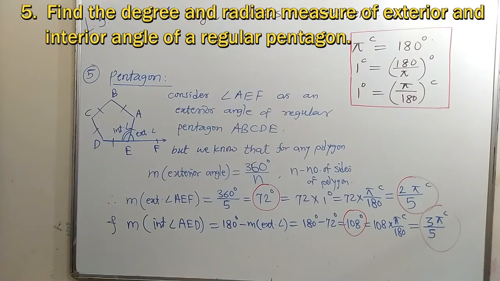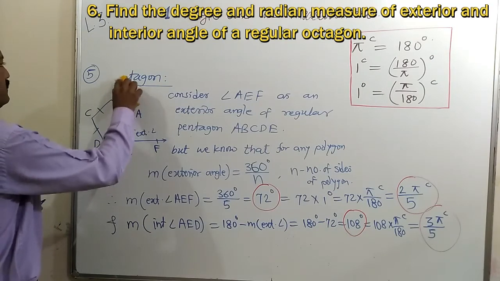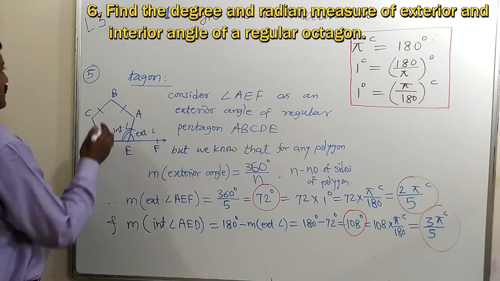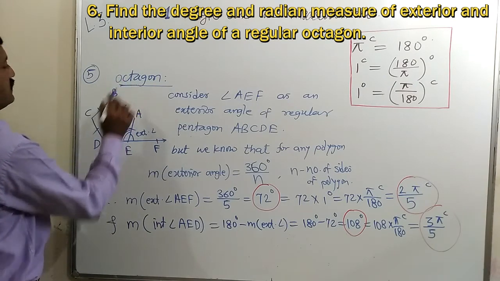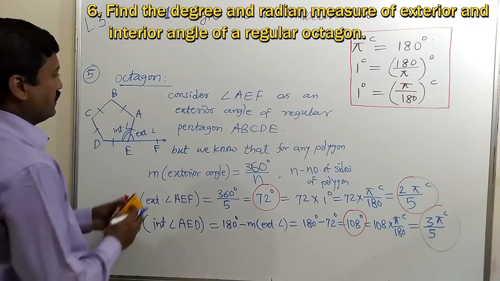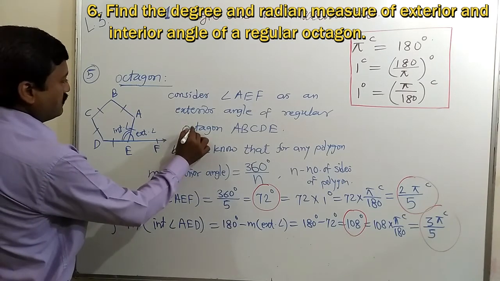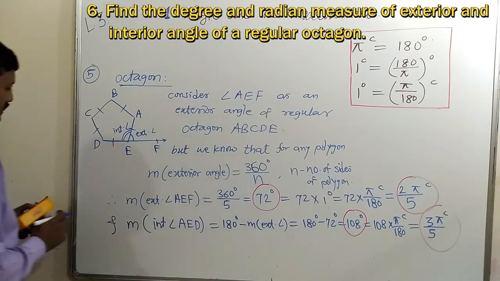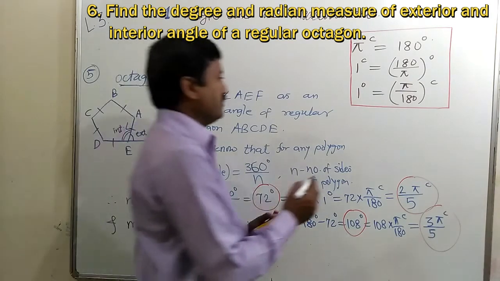Instead of pentagon, suppose there is given octagon. Second example, suppose instead of pentagon, if octagon is given, then let us see a small figure of octagon. I will draw octagon here.